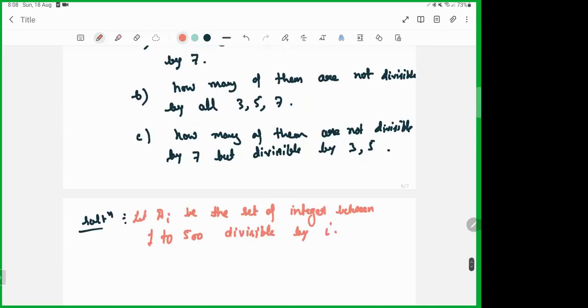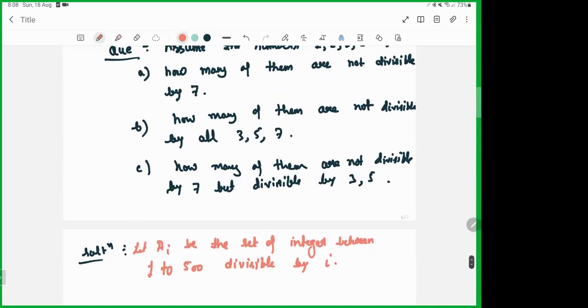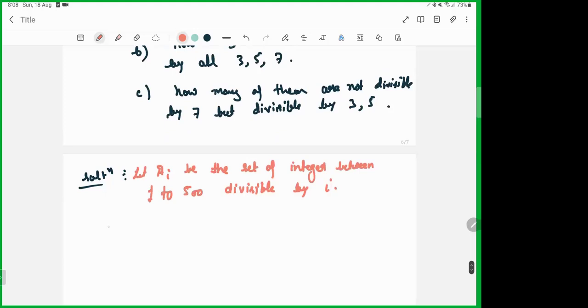So we want to find A7 complement, right? So we want to find the cardinality of A7 complement. Part A is asking for the cardinality of A7 complement.